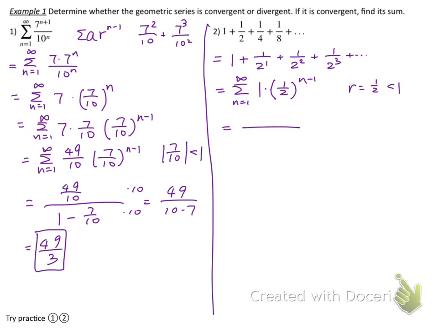Convergent, then we can do A over 1 minus R, 1 over 1 half, or 2. Okay, this is how we find the sum of a geometric series if the common ratio has absolute value less than 1. Now you can pause the video and try practice number 1 and number 2.